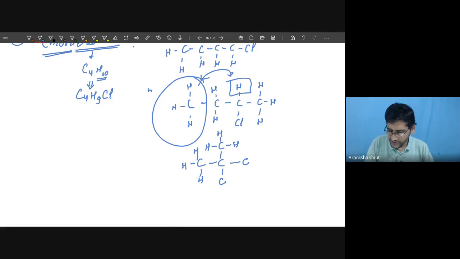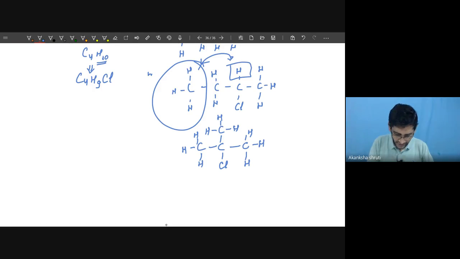So even if you put the chlorine here, you can get this isomer. The other isomer you can draw is this one also, where the chlorine is placed at the middle carbon, but one can put the chlorine at any of the terminal carbons.